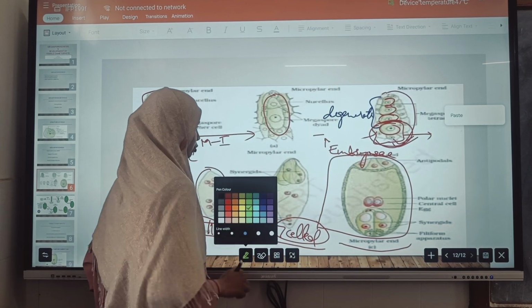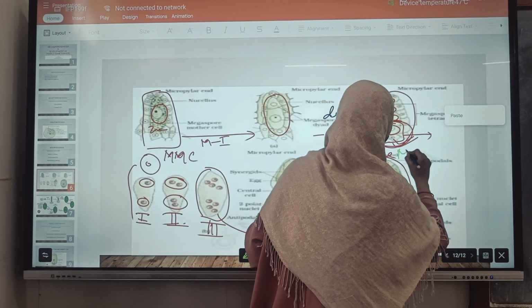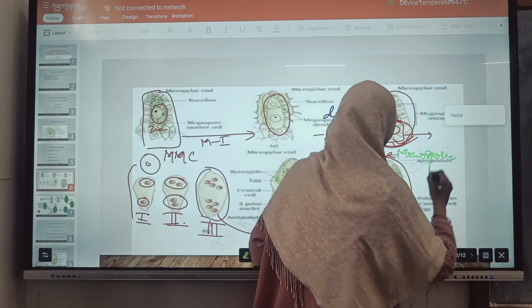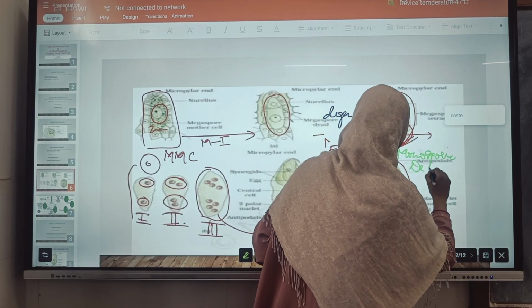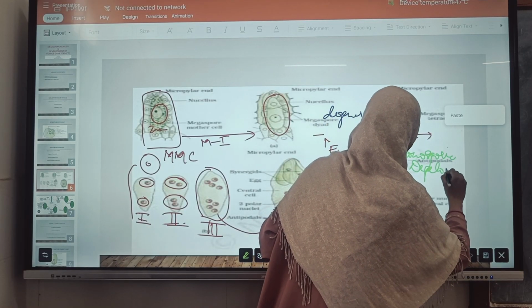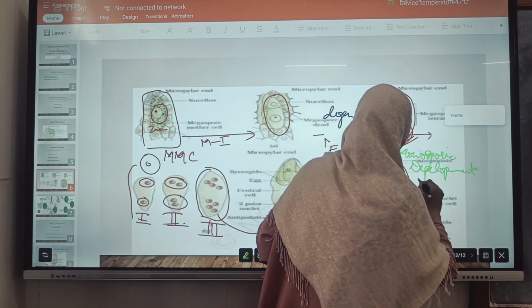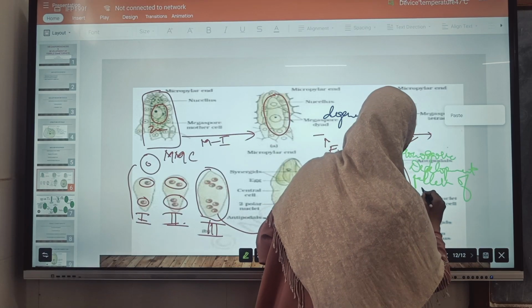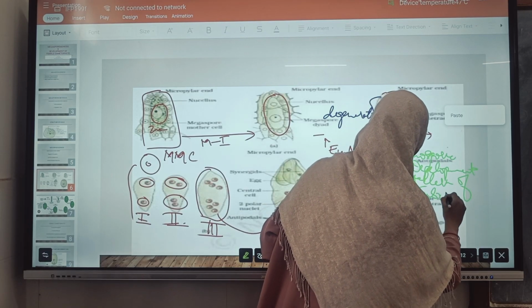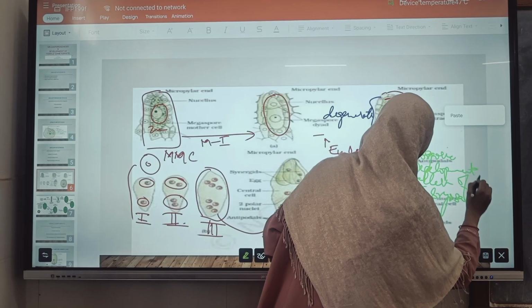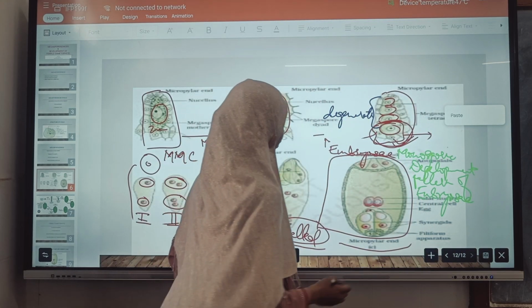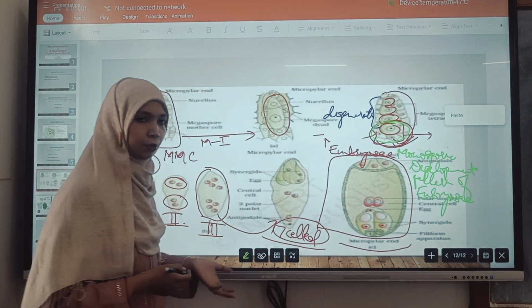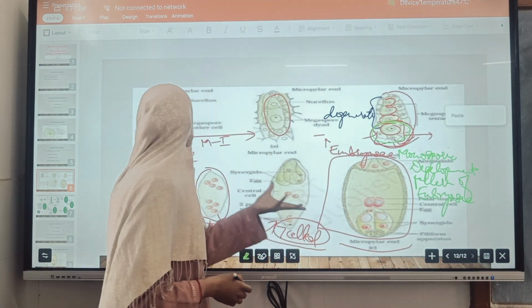That's why this is also called the monosporic development pattern of embryo sac or female gametophyte. Why is it called monosporic? Because in this case only 1 megaspore is functional to develop into the female gametophyte.